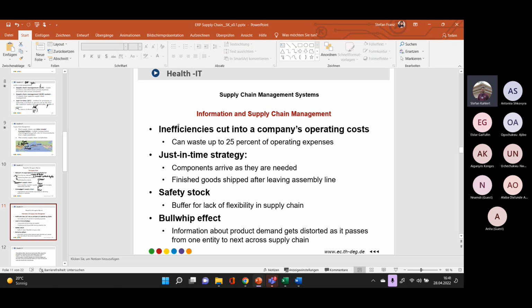And the problem is such inefficiencies, which mean someone has a wrong view on the market and on the request from clients.